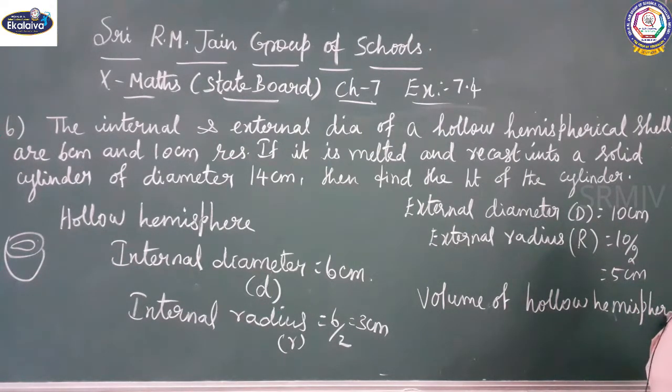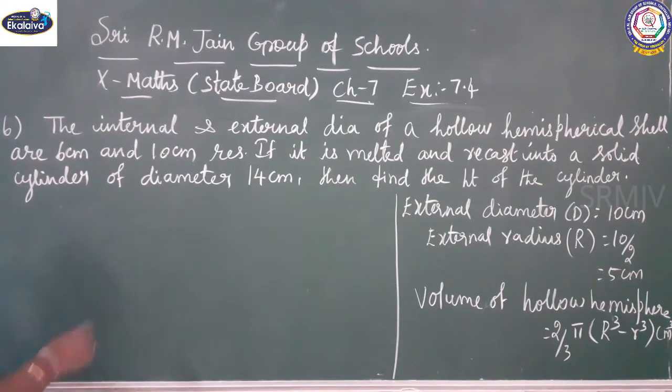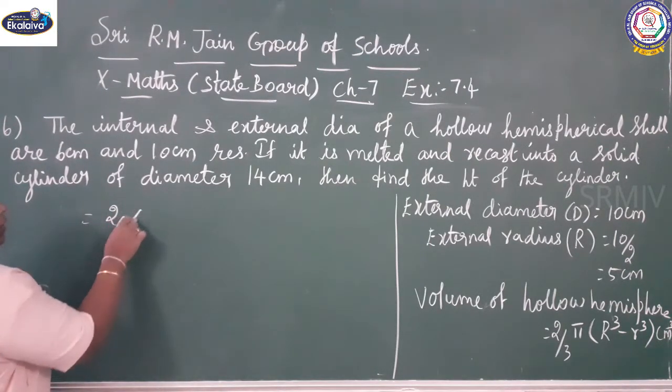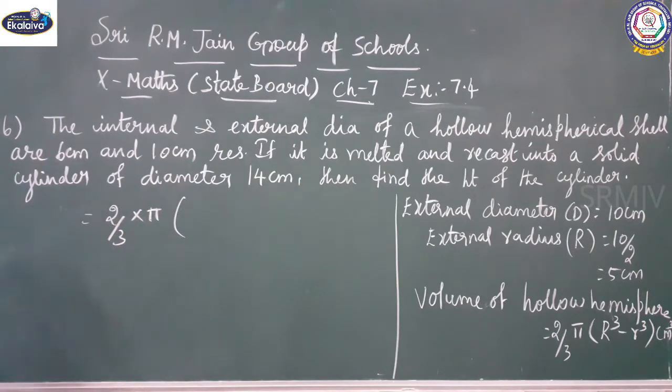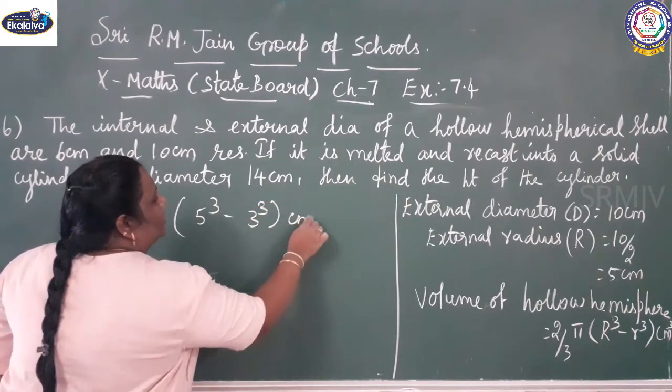Volume of hollow hemisphere equal to 2 by 3 pi into capital R cube minus small r cube, cubic unit, so you can write centimeter cube. So it gives 2 by 3 into pi into, what is the external radius? External radius is 5. That is 5 cube minus 3 cube centimeter cube.